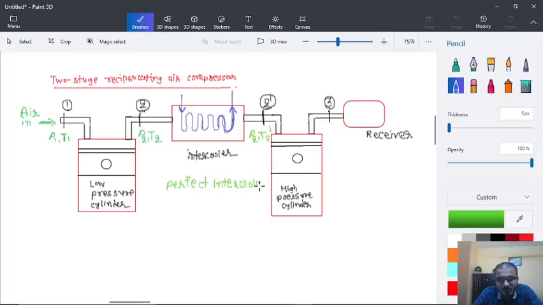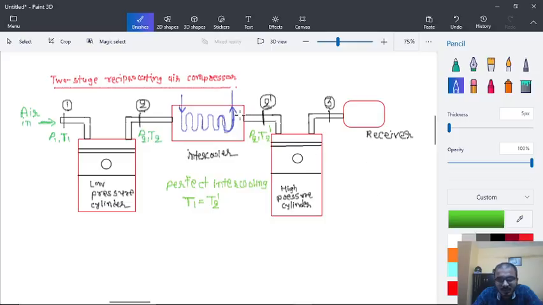In case of perfect intercooling, we will have T1 equal to T2 prime, that is, we are bringing the air temperature back to the initial temperature. We will be discussing this condition later on.